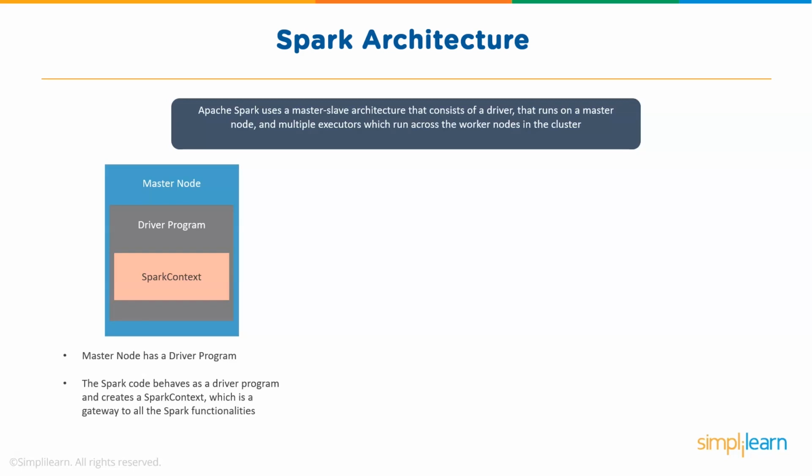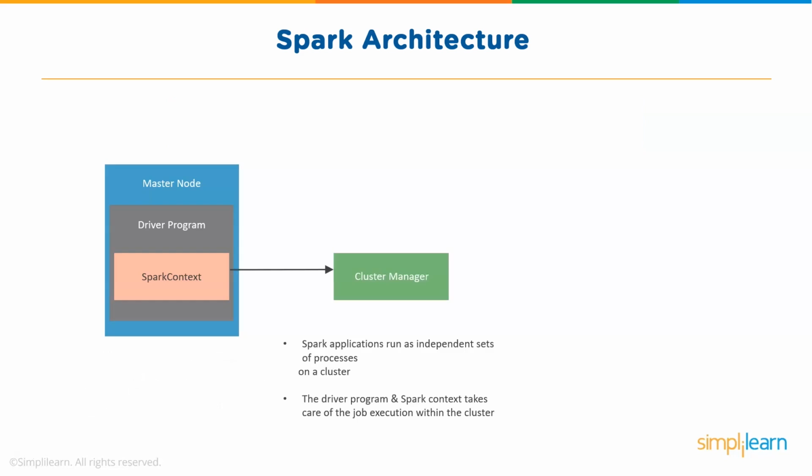So your master node has a driver program, and every Spark application has a driver program, which internally uses the Spark context, which is basically the entry point of your application for any Spark functionality.